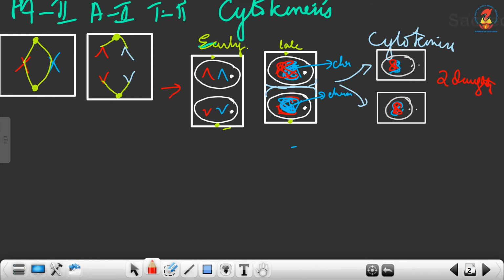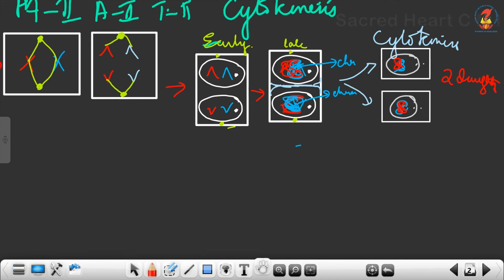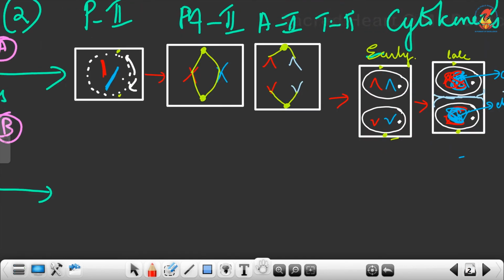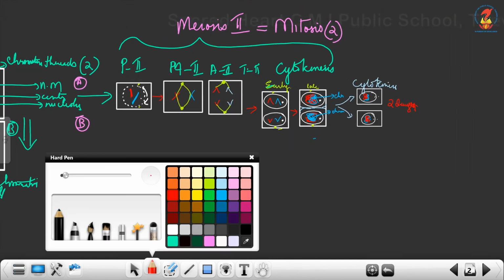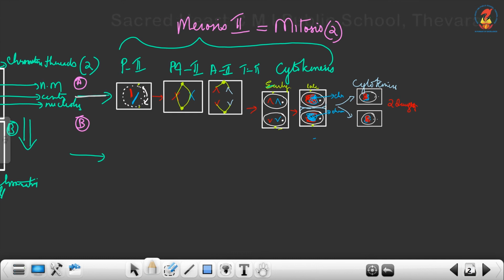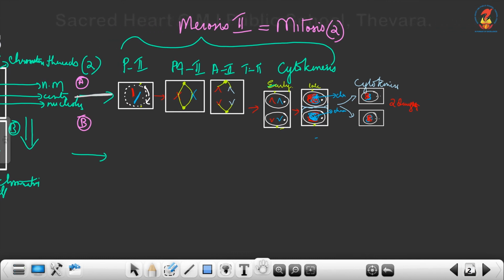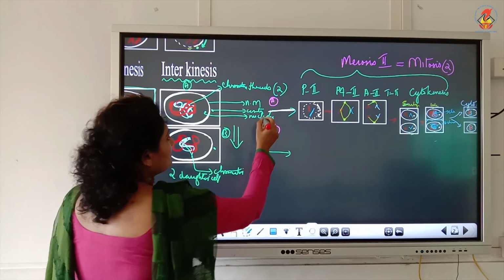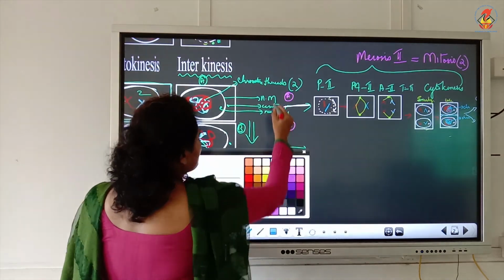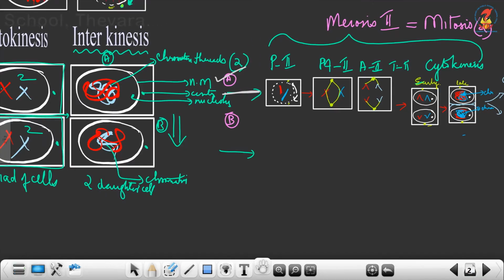Now, this arises from A cell, A daughter cell. So, the same thing should happen to B. See, if you recollect from where we started, we proceeded with A. There were two daughter cells produced as a result of interkinesis, or as a result of meiosis 1, and I named them A and B, and we saw the path of A. Similarly, the path of B is the same.